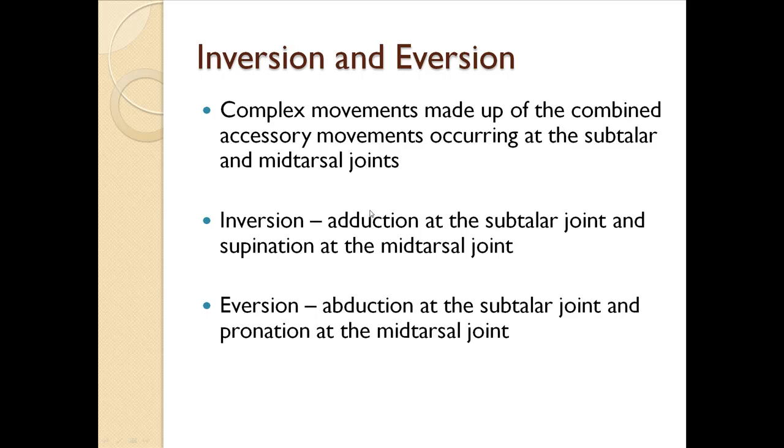The movements of calcaneal abduction are therefore accessory movements because they cannot be produced in isolation by primary muscle action, as are the movements of supination and pronation. But what we do clinically is we can test these components of inversion and eversion separately to help us localize our treatment far more effectively.